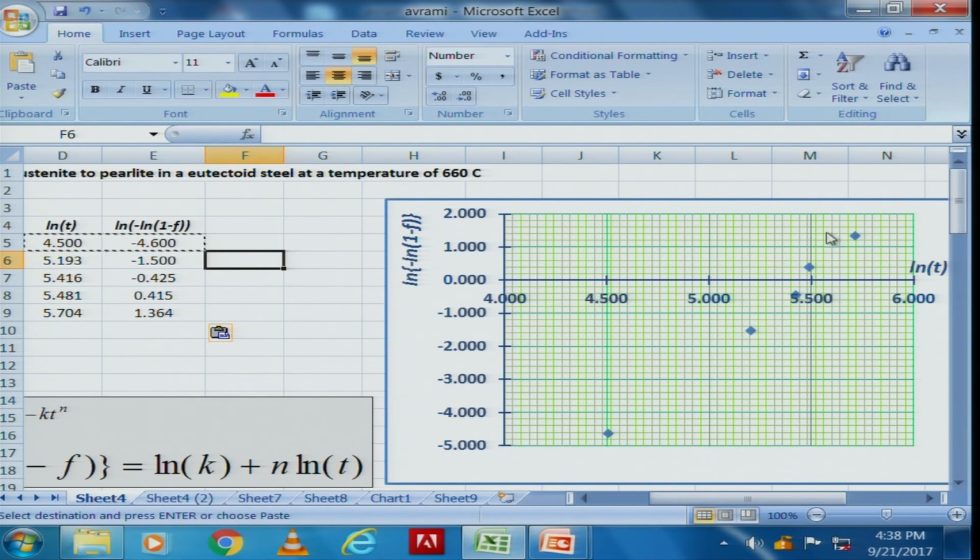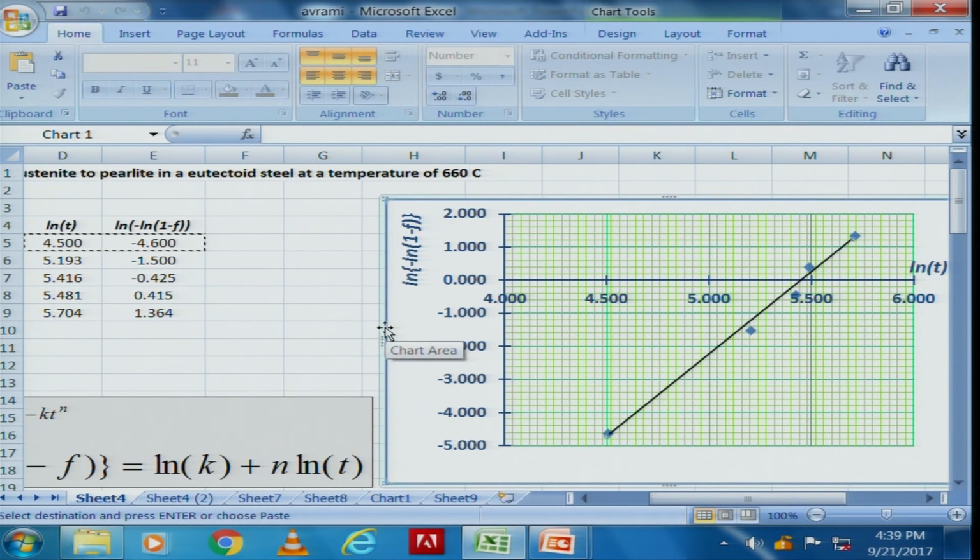Now, one thing I can do is try to draw a straight line through it, but how do I draw a straight line through it? One is I can use my judgment and make a plot. So, I could have a line like this, but somebody else may draw a line like this, or a third person may draw a line like this who thinks that this line is better. So, who's to figure out which is the correct line?